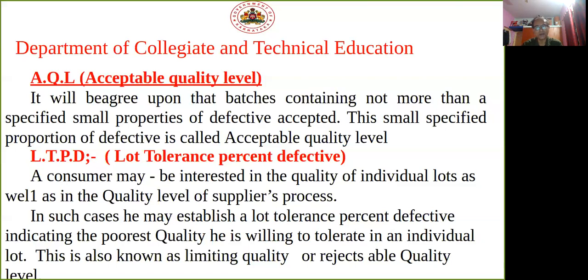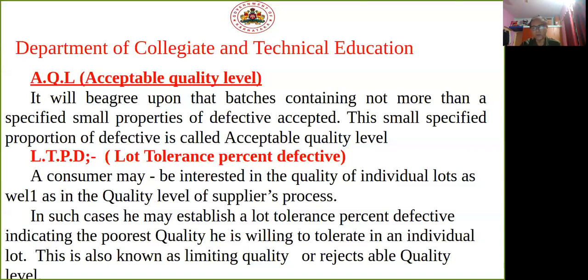First of all, the consumer is interested in the quality of the individual items that he is going to purchase. And apart from that, he is interested in what level of quality the supplier is going to give him. Such thinking is known as lot tolerance percentage defective.